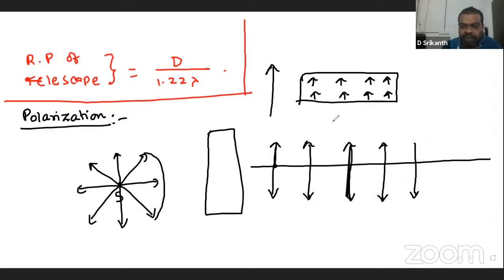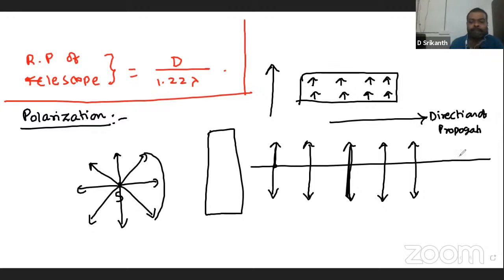Suppose this is my direction of propagation, then the vibration of particles will be perpendicular, like this direction only. That arrangement or alignment of particles to move in a unique direction can be called polarization.